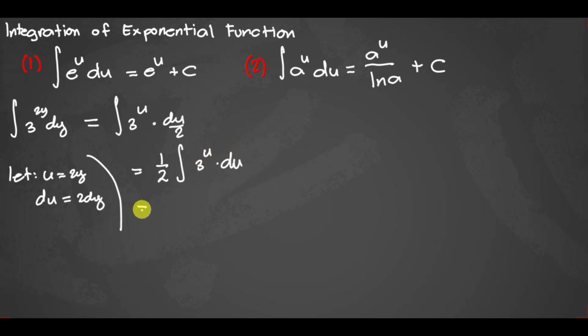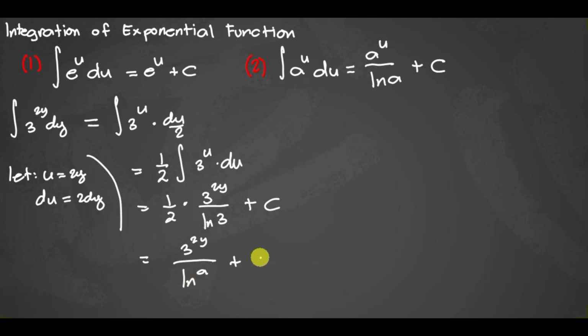Then applying the second formula, this will become 1/2 multiplied by 3 raised to 2y all over ln 3 plus c. Simplifying, we will have 3 raised to 2y all over ln 9 plus c. This is by taking the square of our value of 3 here, which then becomes ln 9.